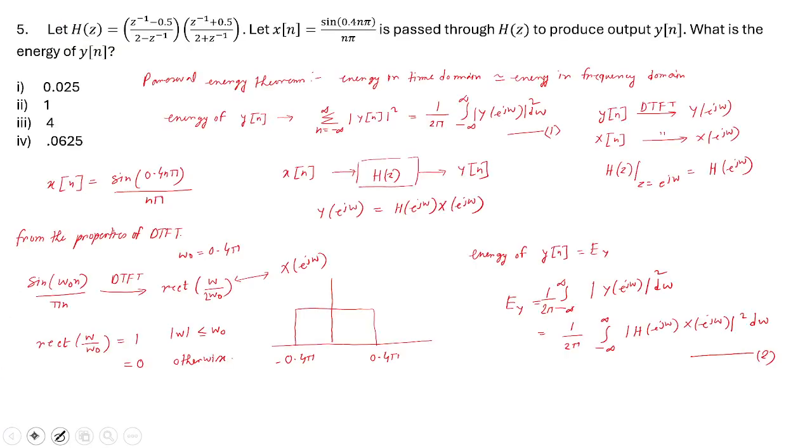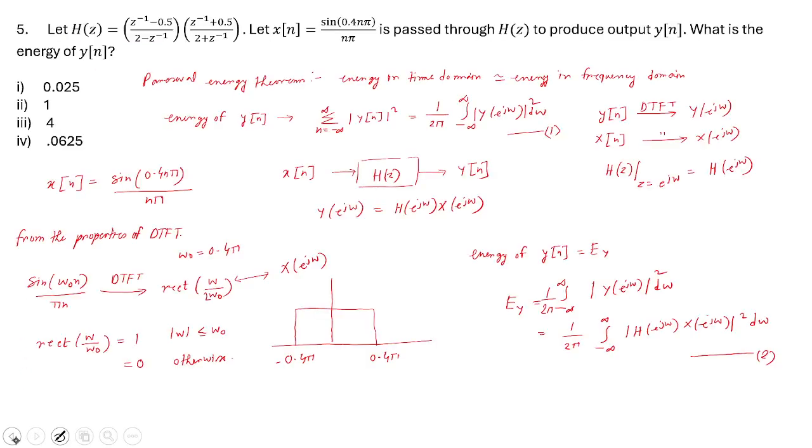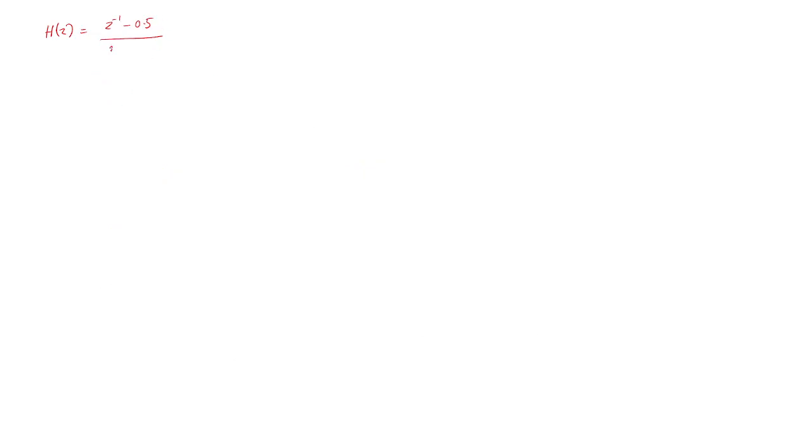Let me write down the expression of H(z) here: (z inverse minus 0.5) over (2 minus z inverse), times (z inverse plus 0.5) over (2 plus z inverse).